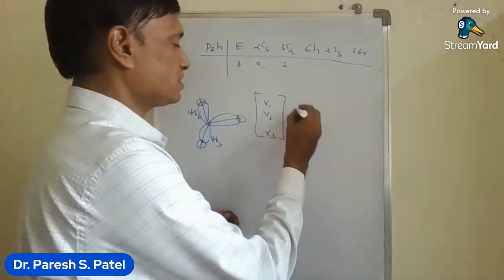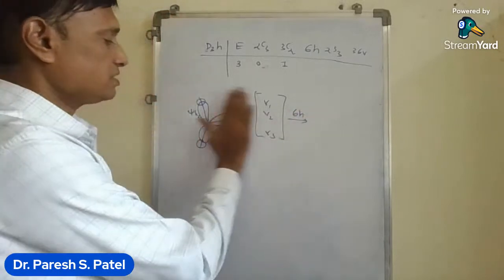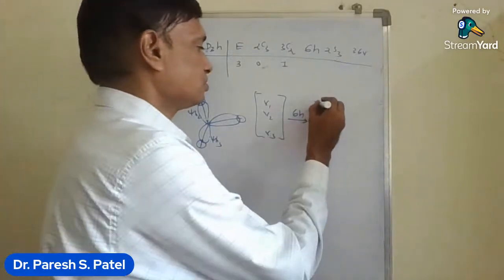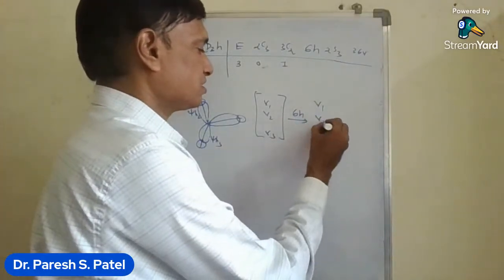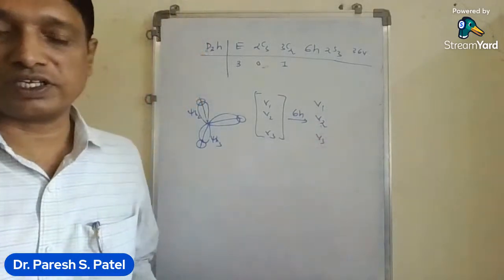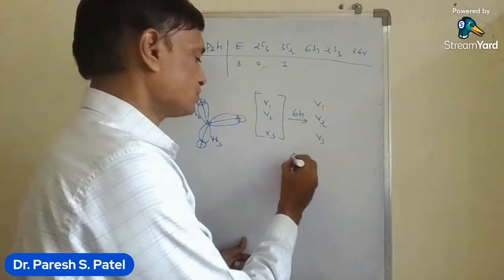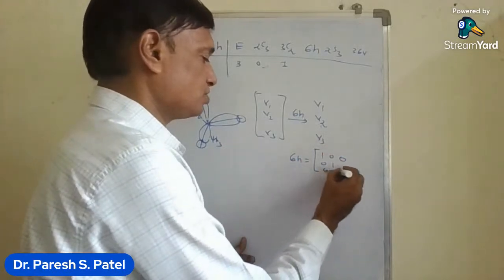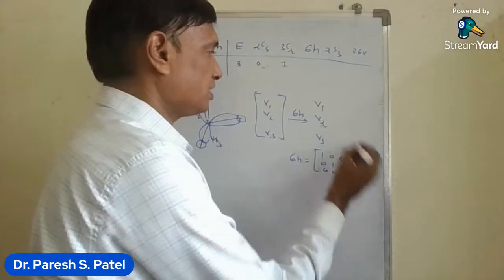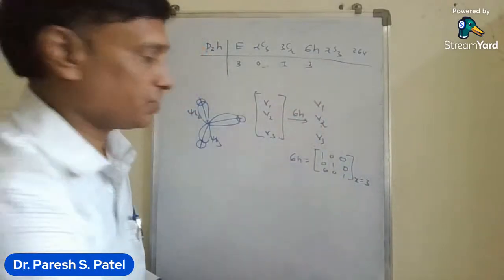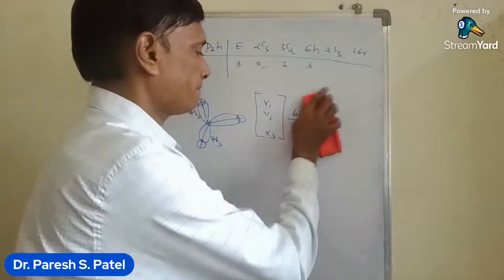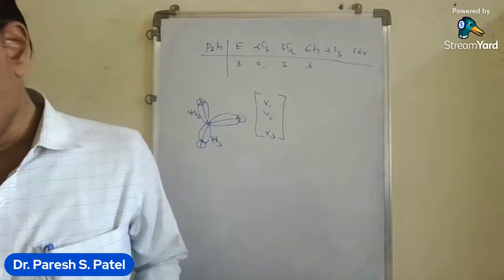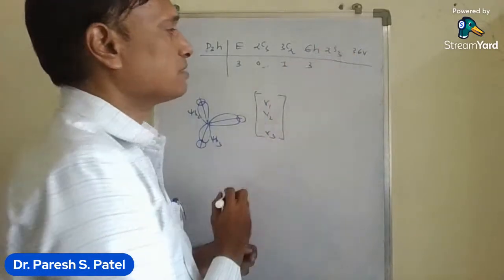Next, if we operate sigma h, this is the sigma h plane. It means there is no change in the position of the vectors. All the vectors remain as they are, V1, V2, V3. So the matrix representation for sigma h is 1 0 0, 0 1 0, 0 0 1, so the character is equal to 3. For 2S3, it means C3 plus sigma h.